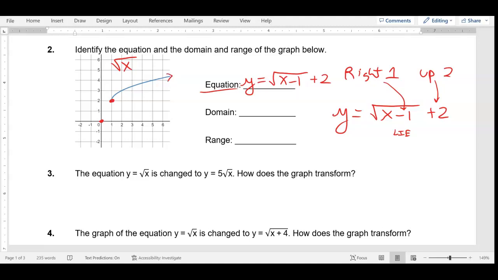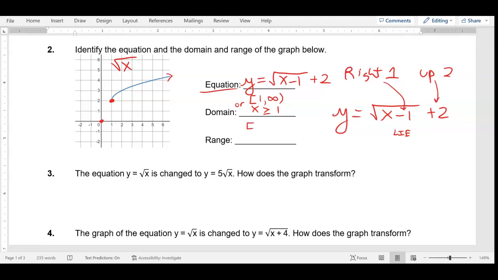Okay. Now the domain, the x value here is 1. It goes forever to the left to infinity. So you could do bracket 1, comma, infinity, parentheses, or you could just say x is greater than or equal to 1. Either one works. The range, how far down does this go? Well, this is 2, and it goes up forever.